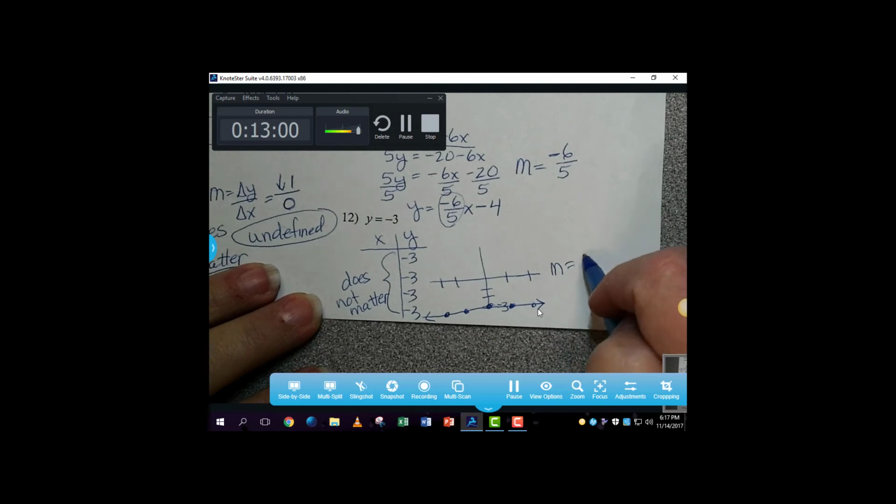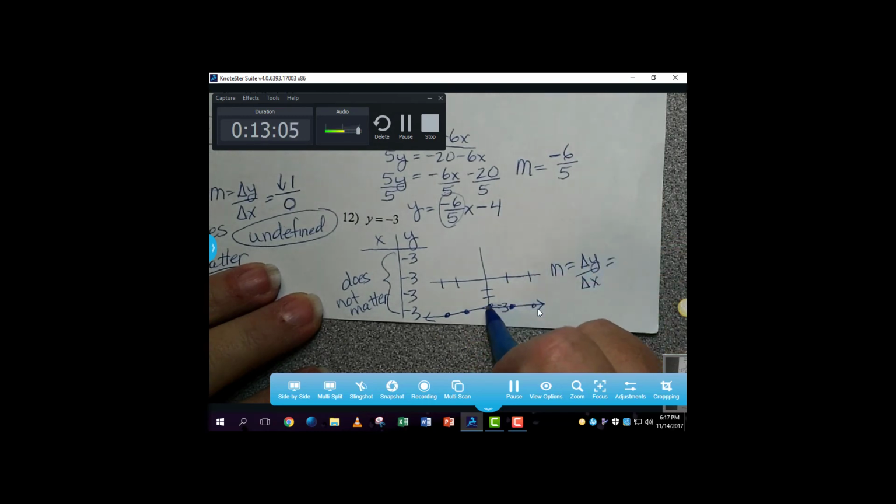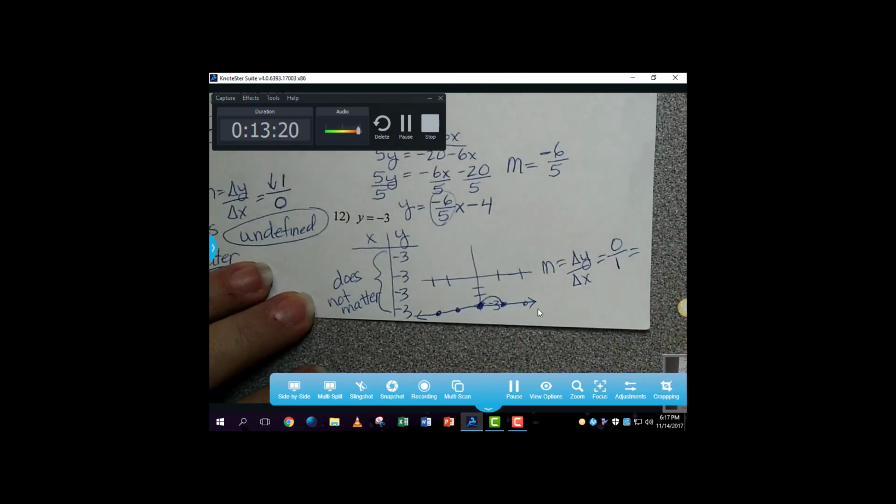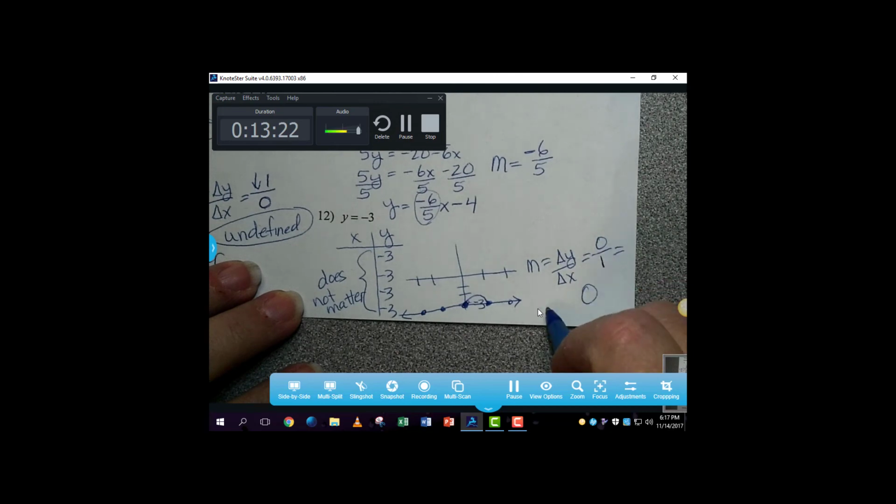And we know that the slope is the change in y over the change in x. So the change in y, where do I change? To go from here to here, I don't move up or down. So the change in y is 0, and then I can say that the change in x was 1, or any other number. 0 divided by any number is 0. So the slope for this one is 0.